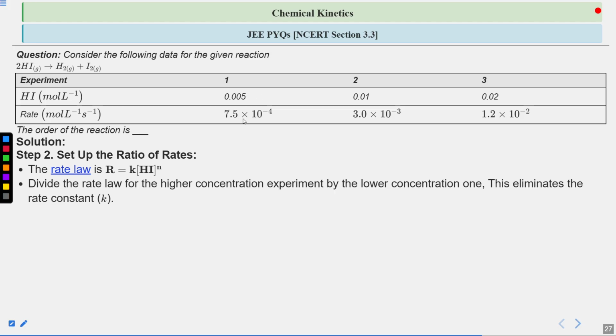This step eliminates the rate constant k present in the rate law. So rate 2 divided by rate 1, rate 2 because the concentration is higher in the second experiment. So rate 2 by rate 1 equals HI2 by HI1 to the power n.